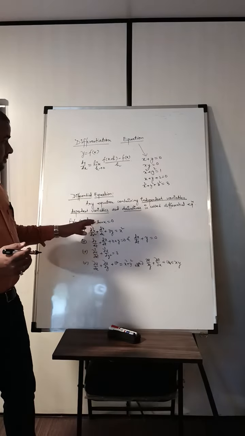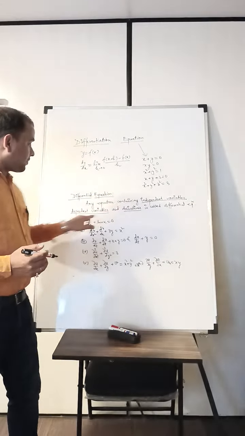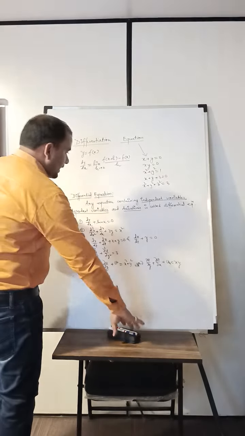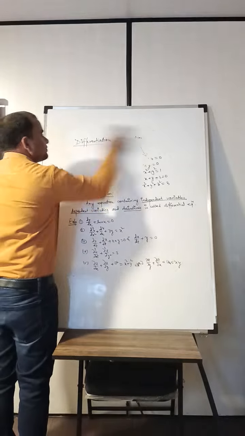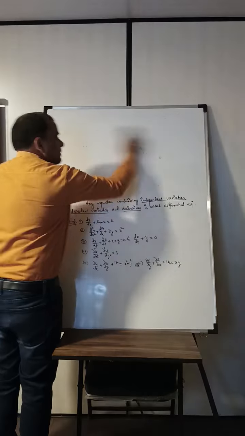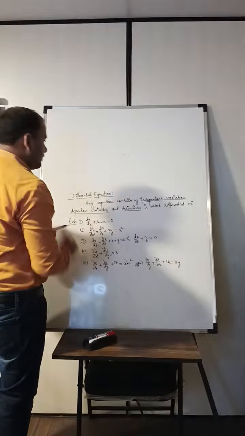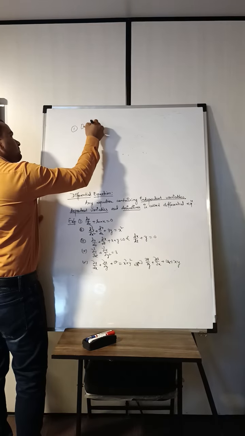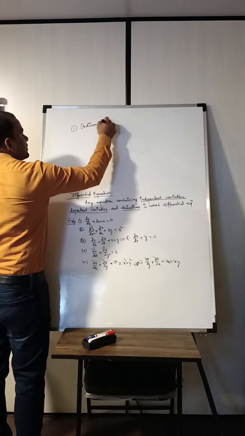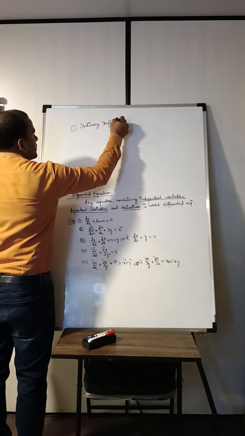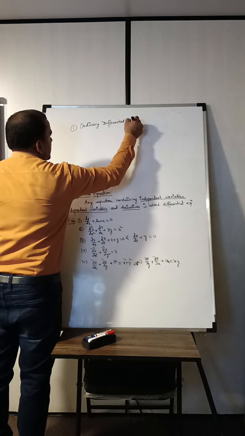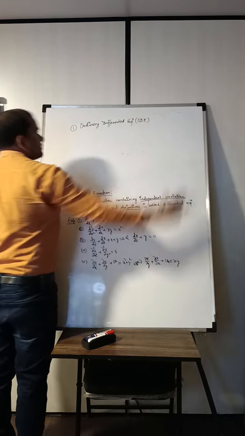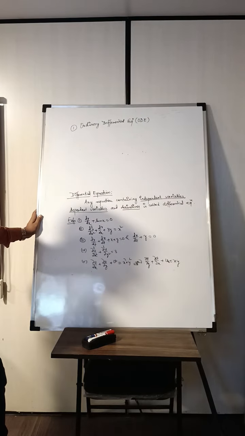On the basis of the number of independent and dependent variables, we can classify the differential equation as follows. First one is ordinary differential equation, ODE.